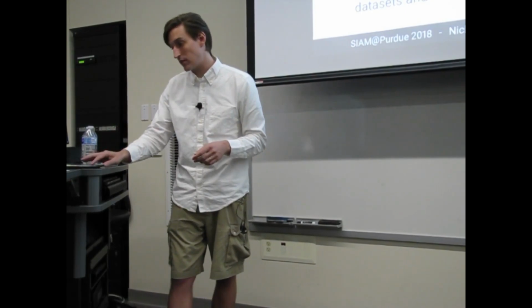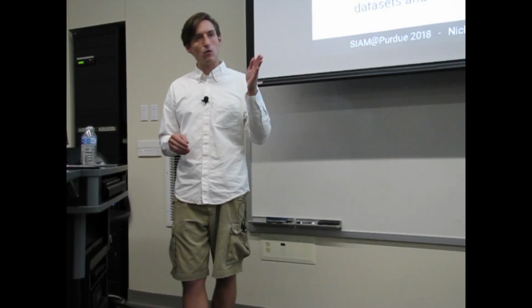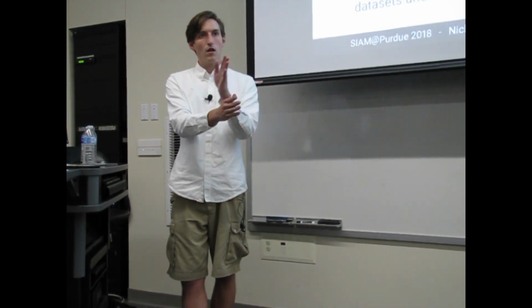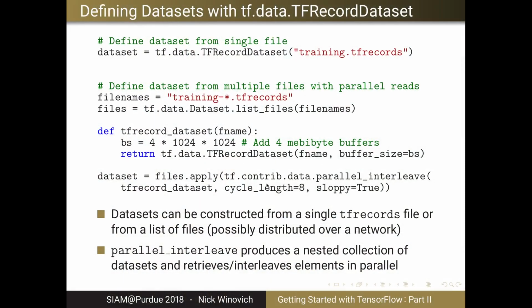Maybe I should show a diagram at the end, but they're interleaved in the sense that dataset 1 goes here, then dataset 2, dataset 3, dataset 4, dataset 1 again, dataset 2, where the cycle length is defined right here. In this case, it's 8.